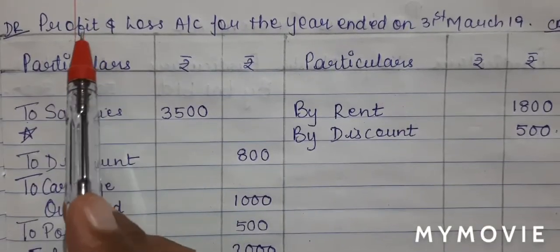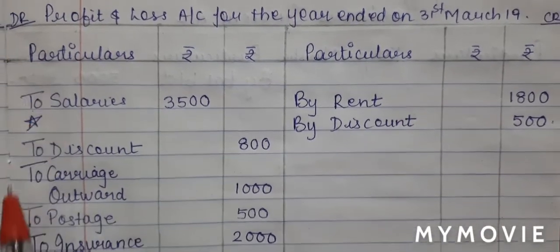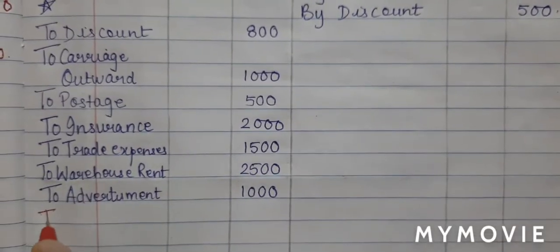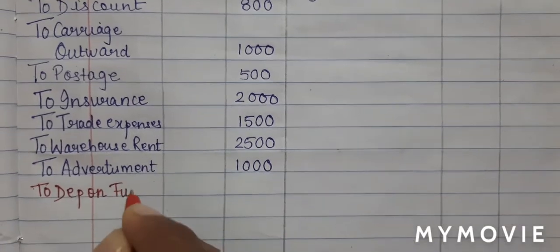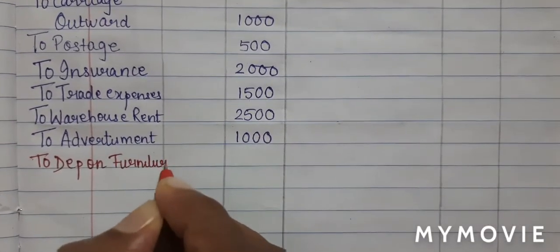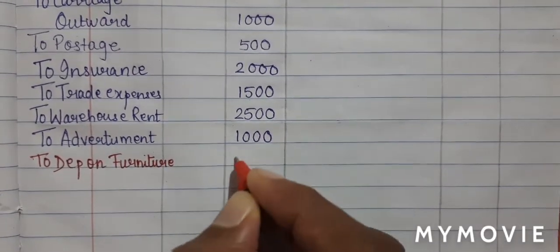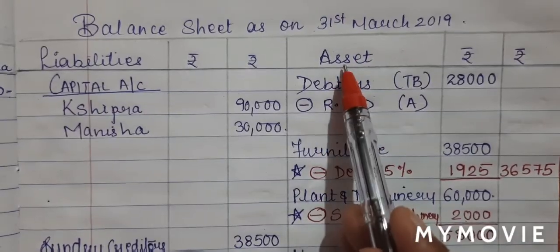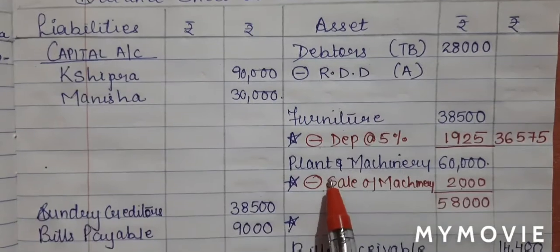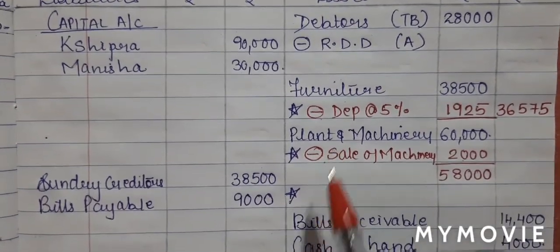My second effect will be in profit and loss account debit side. I will write to depreciation on furniture. In the outer column, 1,925. Again on the asset side, we have plant and machinery, which is again my fixed asset.